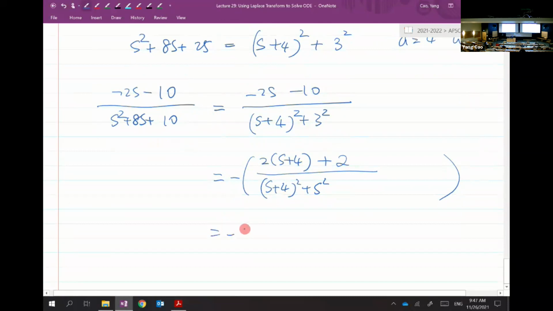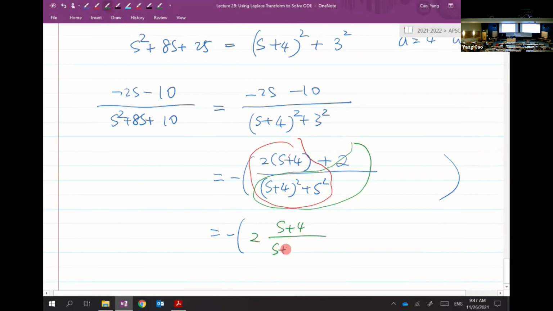Now I've got s plus 2 on the numerator, right? So then take the negative 2 out. So I will have the first term here, and then you have the second term over here. Two fractions. The first fraction is 2s plus 4 divided by the denominator.